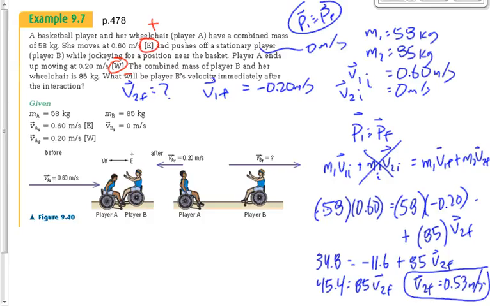Would you expect it to be a positive number? Look at the diagram. Okay, player B pushes away from player A. Player B is on the right-hand side. Which way does she go after she pushes? She's going backwards, right? But backwards for her is to the east, right? So it's going to be a positive value, yeah.